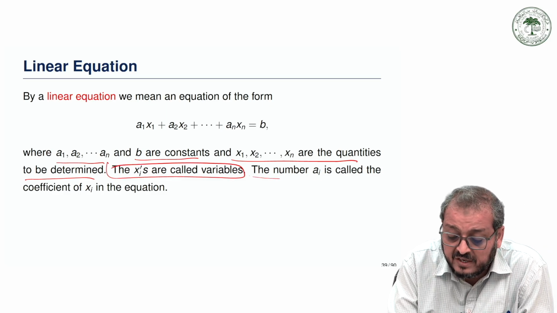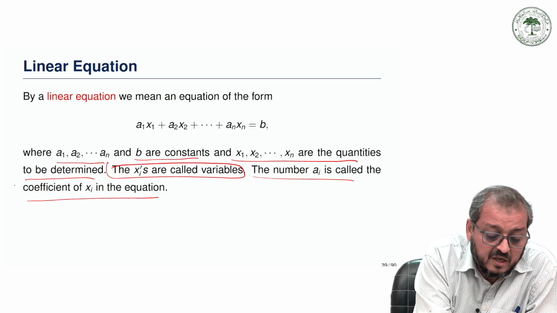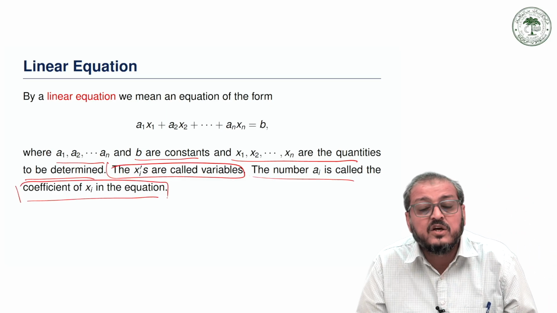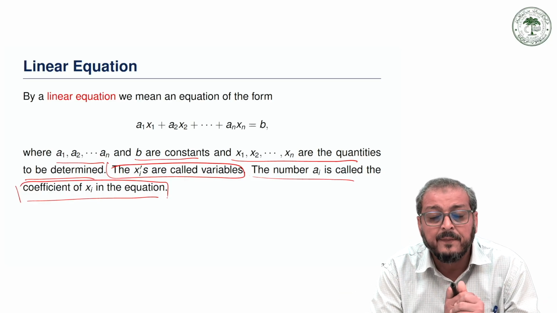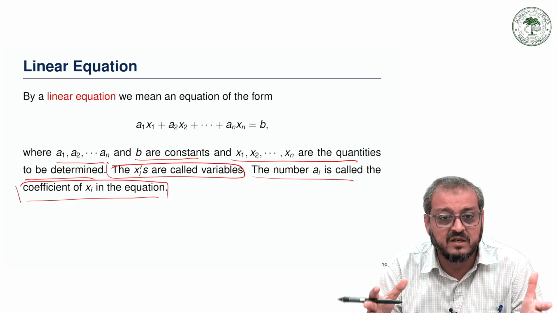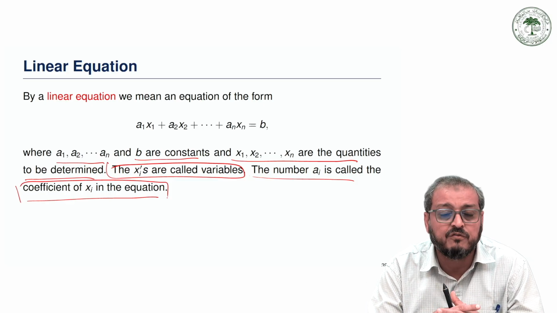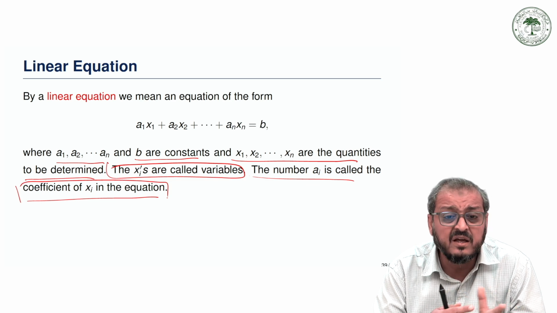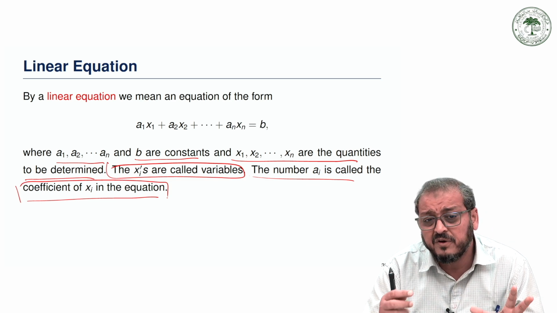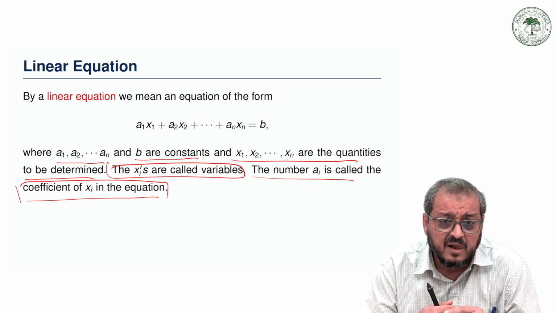The number ai is called the coefficient of xi in the equation. These can be any real numbers, constants related to the variables xi.